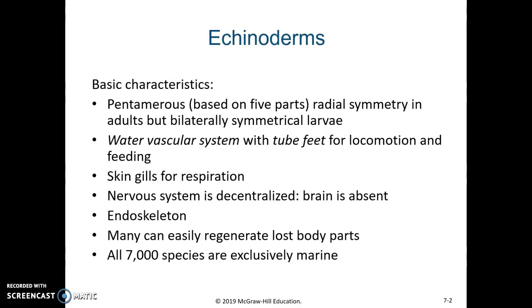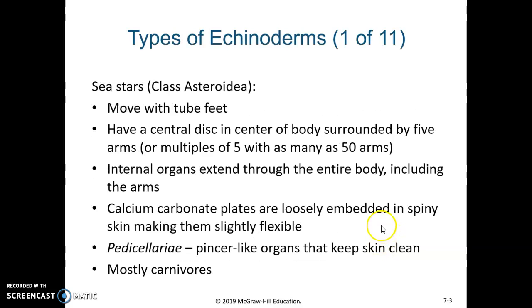And some can regenerate an entire body, even if all that's left behind is one of their arms or rays. There are 7,000 species, all of which are exclusively marine. So there's no equivalent freshwater species of these guys.